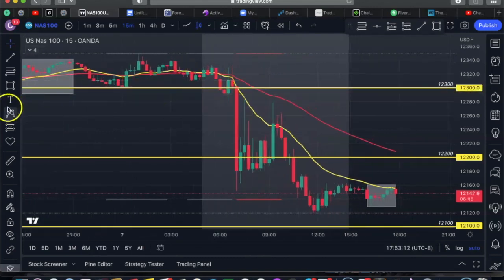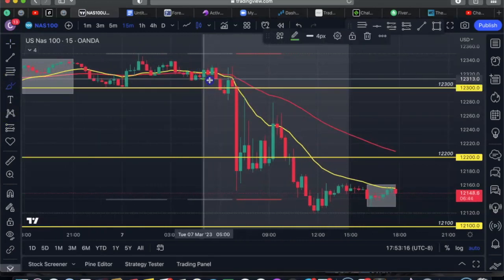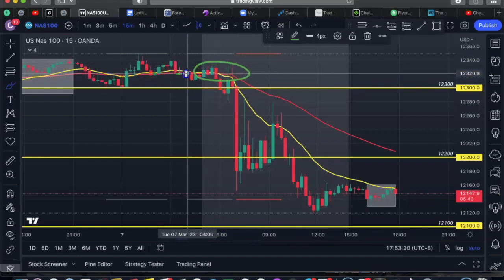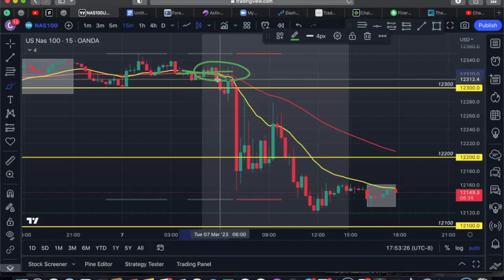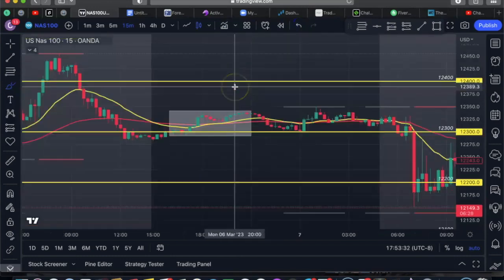Notice how right here, I want you guys to notice this part right here. Notice how the 66 is right here and it crosses over the 20 and then the 20 goes under it like this. If we see the 66 cross over the 20 EMA like we did right there, that is signaling a very nice sell.